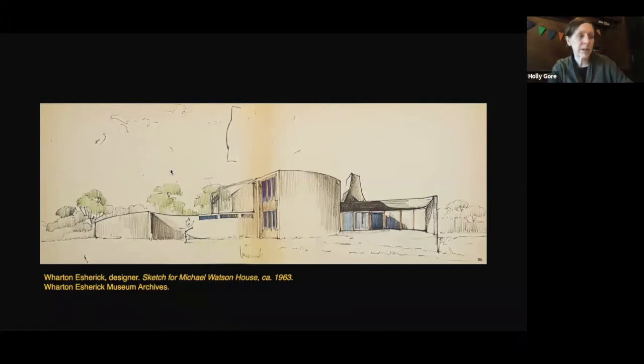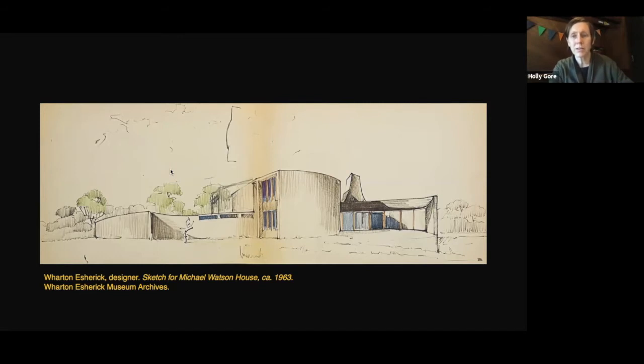And this really makes a lot of sense because these were very unusual terms. No one would have been very familiar with this arrangement because Watson had engaged Esherick to work as an artist and create this kind of sculptural building. Esherick would be the creative lead, working with an architect that Watson had hired and who would play a technical role.